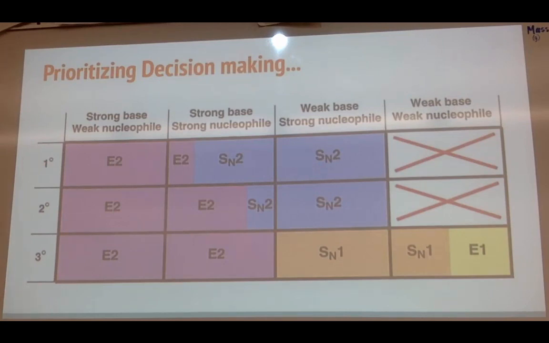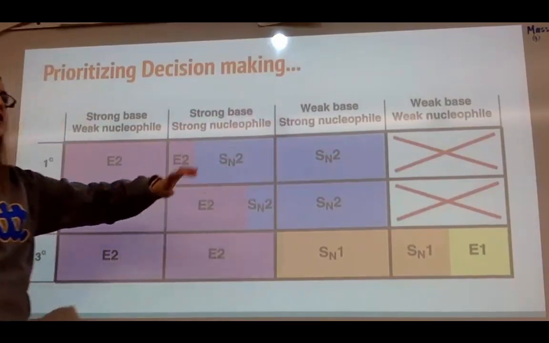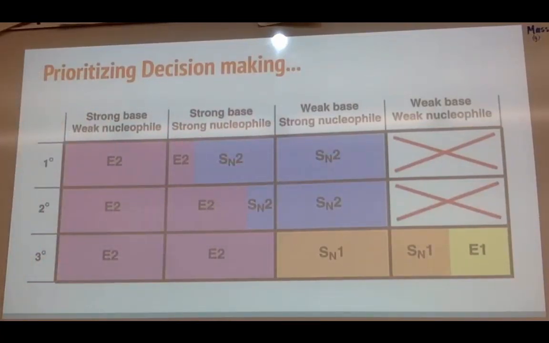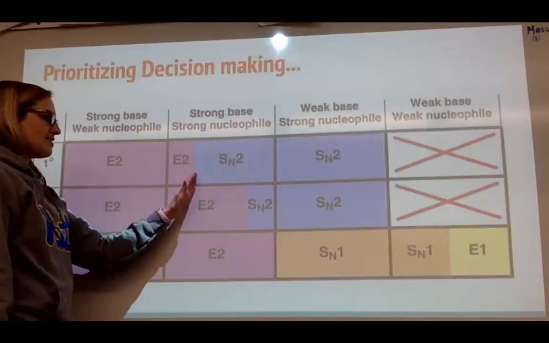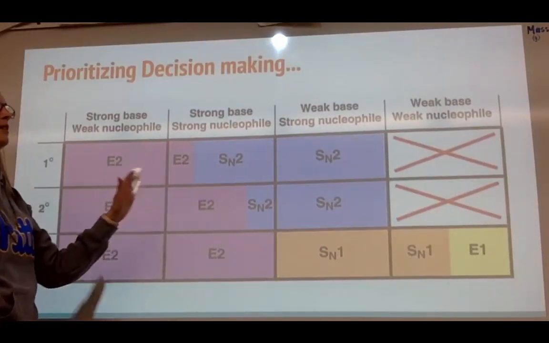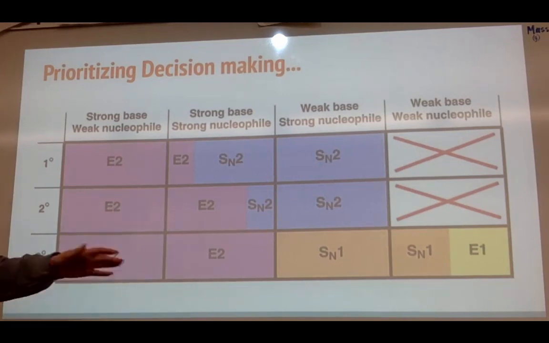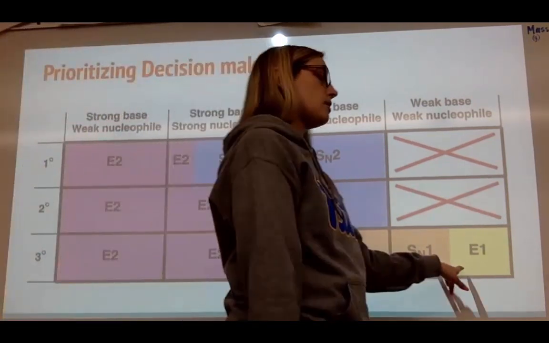If it's tertiary, we might see differences. Then they gave here: is it a strong base, weak nucleophile; strong base, strong nucleophile; weak base, strong nucleophile; and then also the percentage. So when you have a strong base, strong nucleophile, you might expect to see one more favored over another, or maybe a 50-50 mixture.